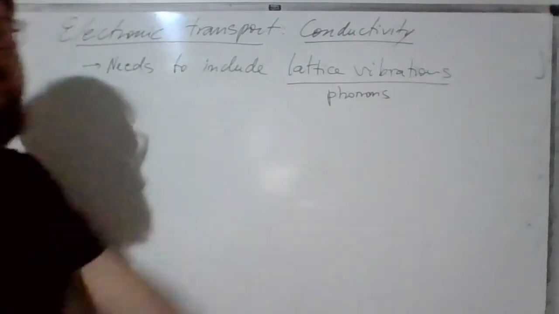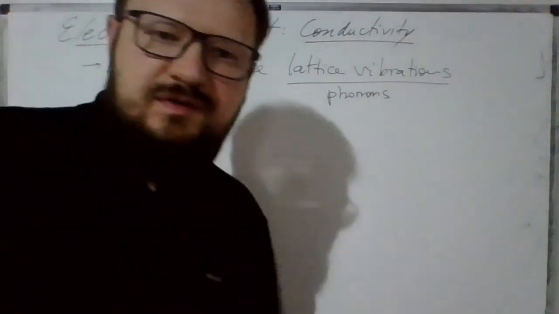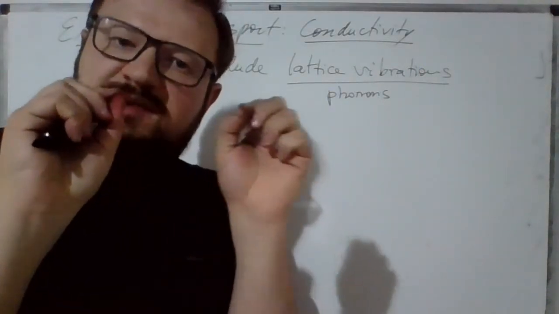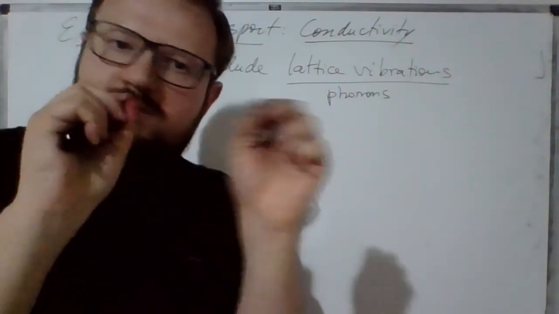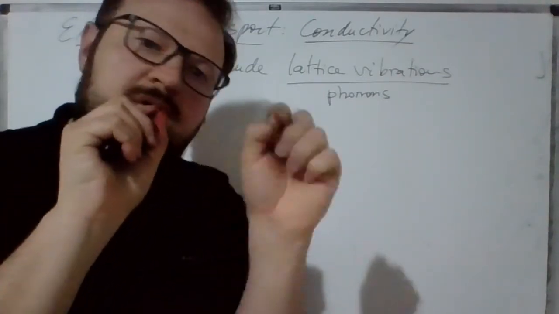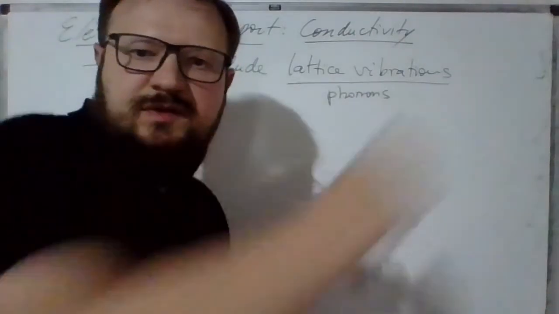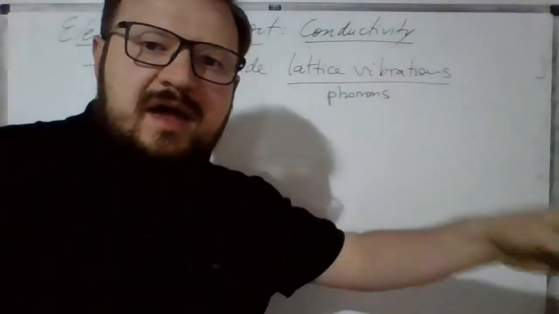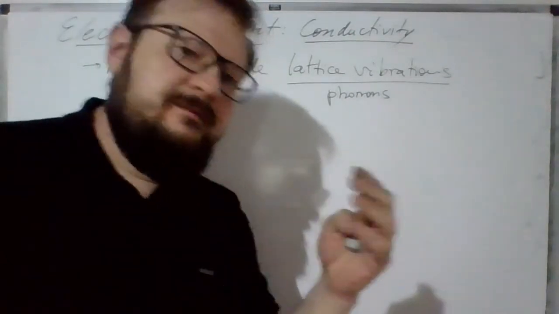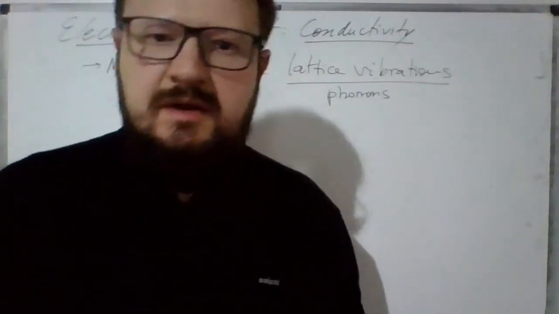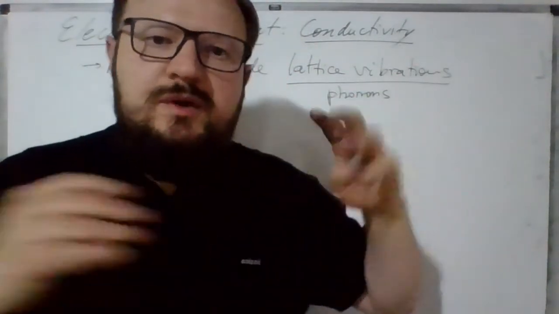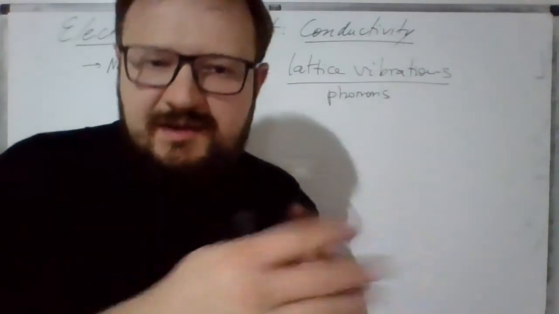The quanta of the lattice vibrations, the background of positively charged ions, jiggle around the equilibrium position a little bit, and they produce waves, sound waves in the medium, and these waves change a little bit the background potential. The electron feels it, and it will be scattered by these vibrations.